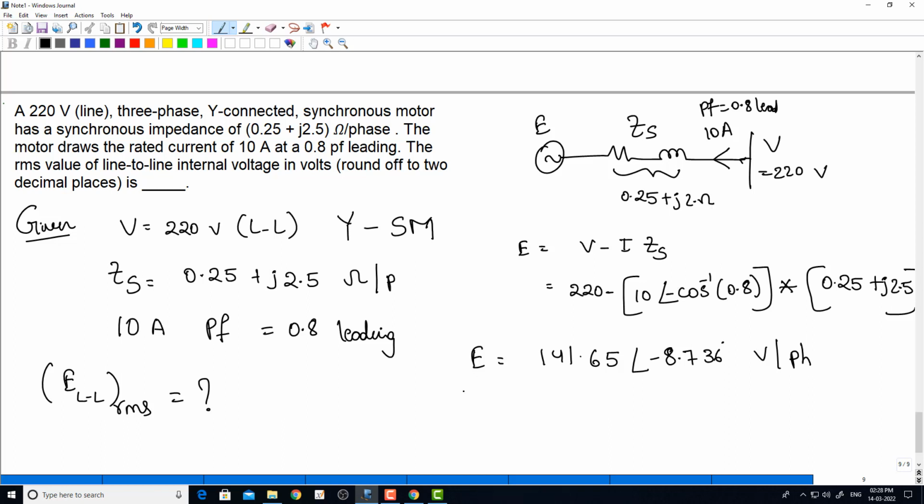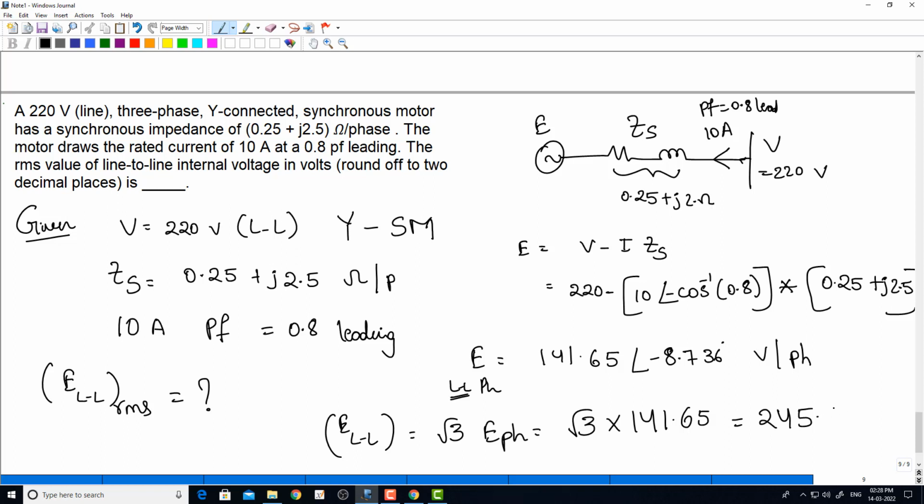So, we need to find out the RMS voltage, right? Line to line is equal to root 3 into E phase. That is equal to root 3 into 141.65, that is 245.345 volts.